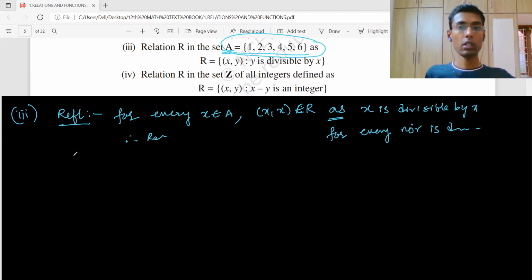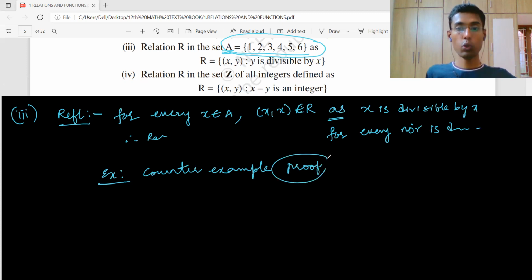It's not symmetric. You should give the reason: if A divides B, that doesn't mean B divides A. You should give a counter example. This is proof by counter example, which is very important.